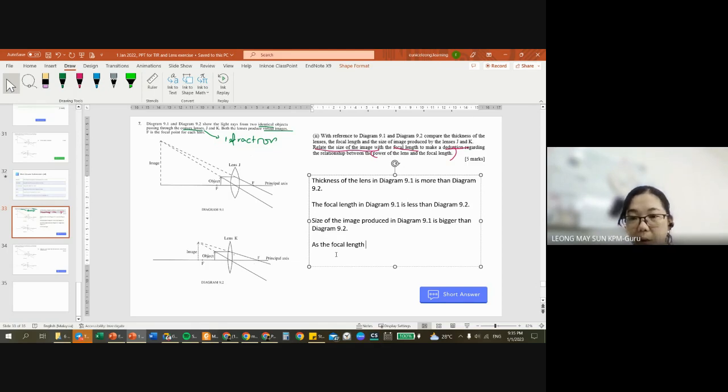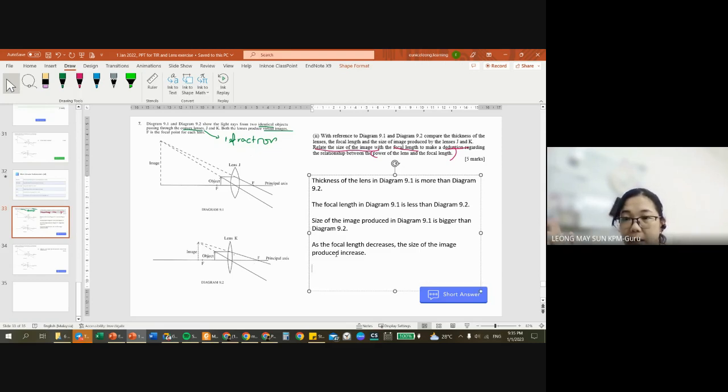So as the focal length in 9.1 is less, decreases, the size of the image produced, 9.1 is bigger, so increases. So that will help me to make it easy to see the relationship. I always start comparing based on 9.1 or 9.2, that's up to you. Okay, then skip a line.